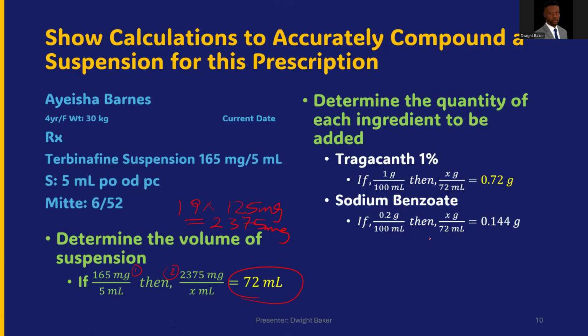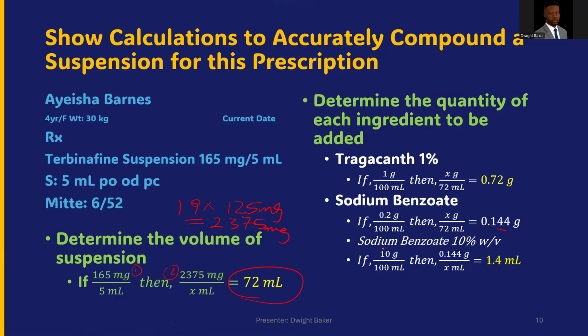Now, this gets a little bit tricky because guess what? I have a 10% sodium benzoate stock. And so I need to now find out how much of the 10% stock will give me the 0.144 grams that I need for my preparation.